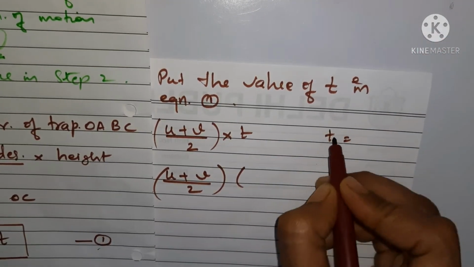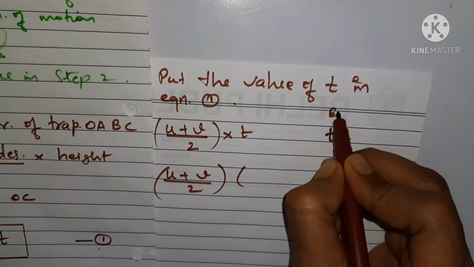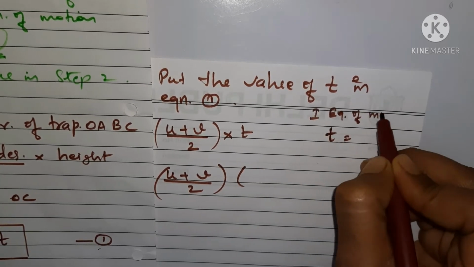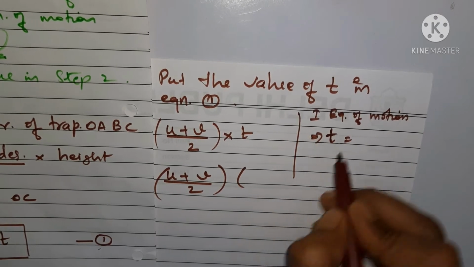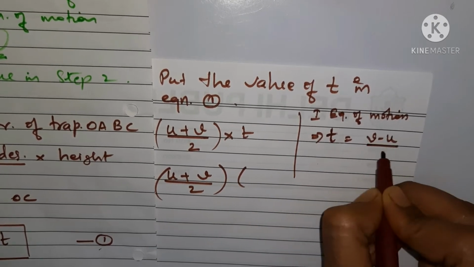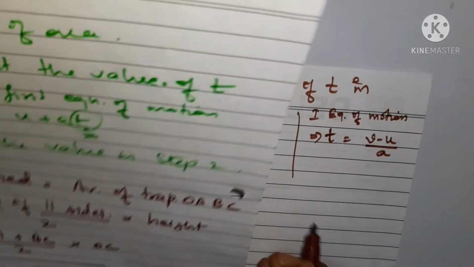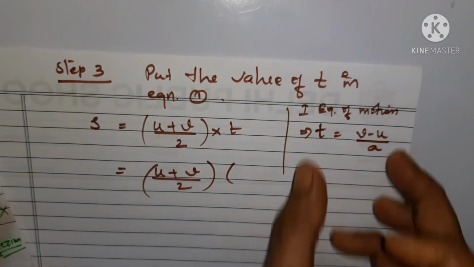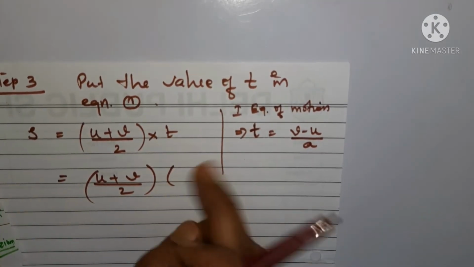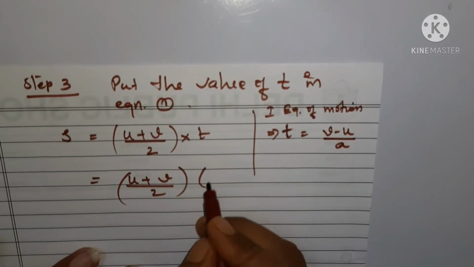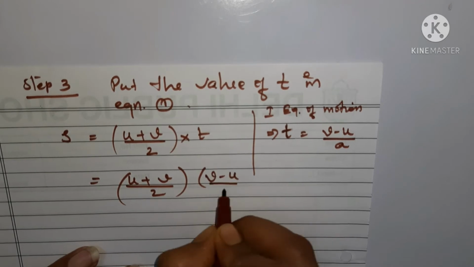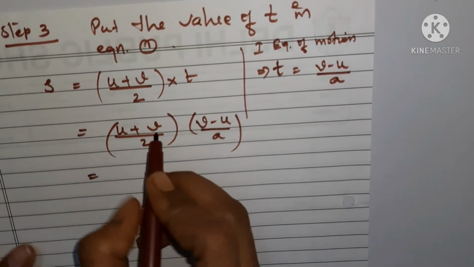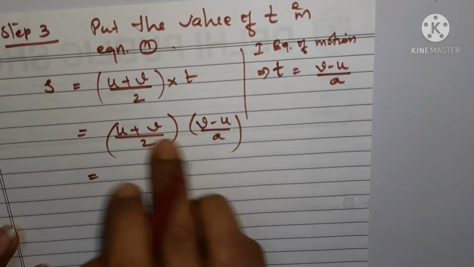According to the first equation of motion, T is equal to V minus U upon A. Right, this is what we got, we saw this: what value of T came out, V minus U upon A, from which equation? From the first equation of motion. We are going to substitute this value in place of T, so V minus U upon A. Okay, now you can see here, just to change this in the same orientation, let us arrange them.